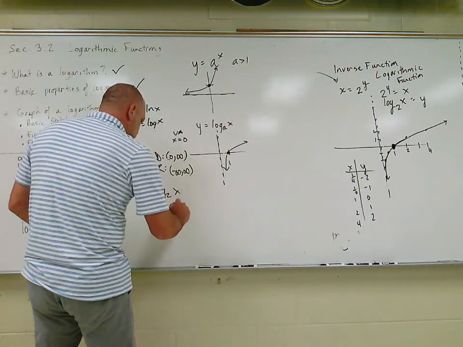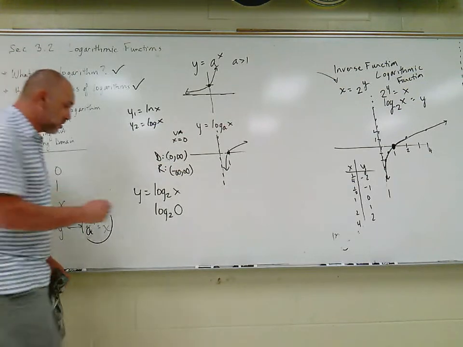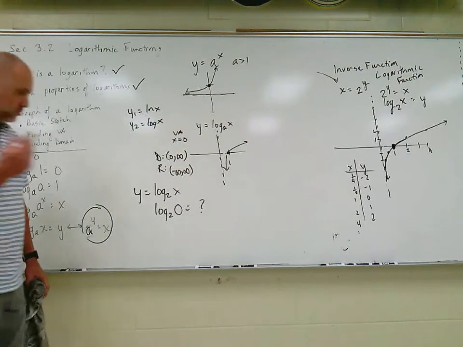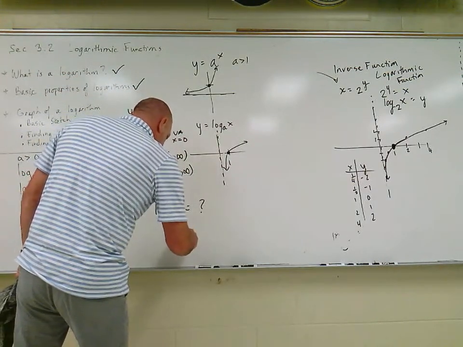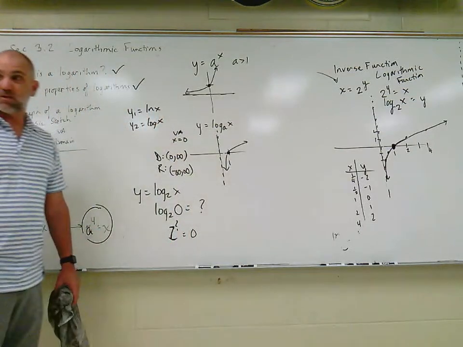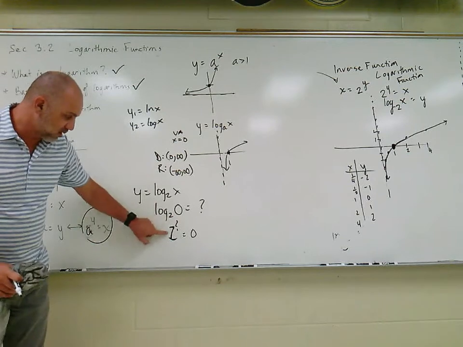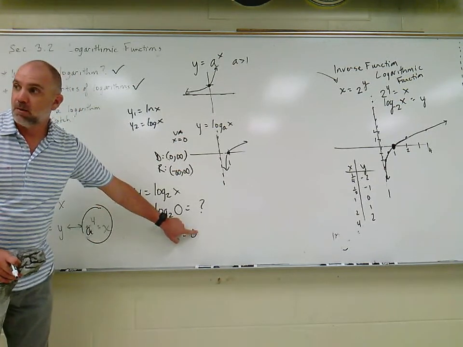Log base 2 of 0. Let's say you try to plug in a 0. What question is this asking? 2 to what power equals 0? And guess what? It's impossible. You can't take 2, raise it to a power and get 0.